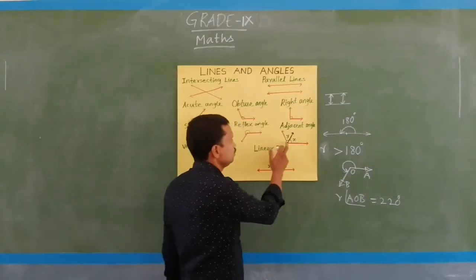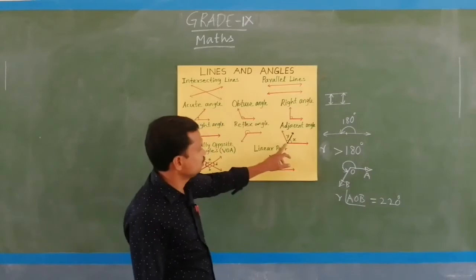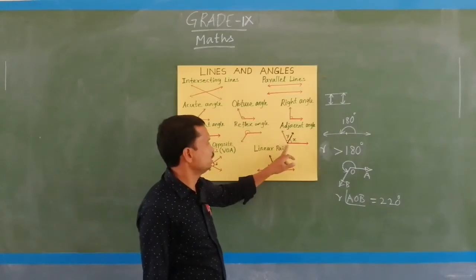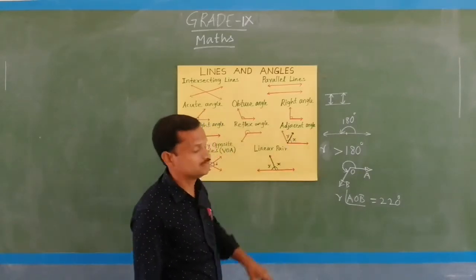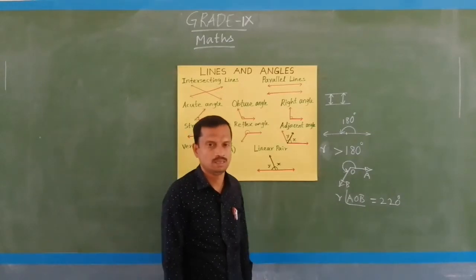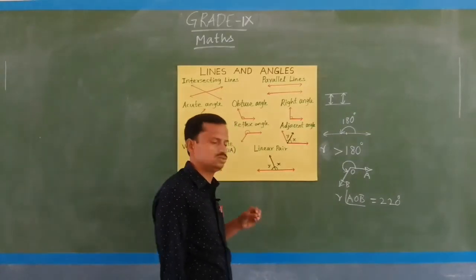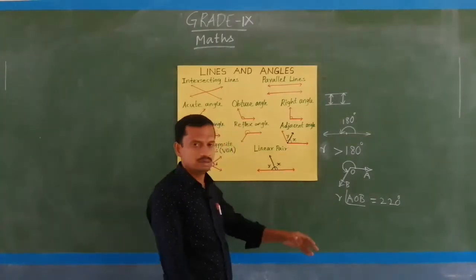For example, in this diagram, this black color ray is a common arm. Each ray we can call an arm, like our hand.